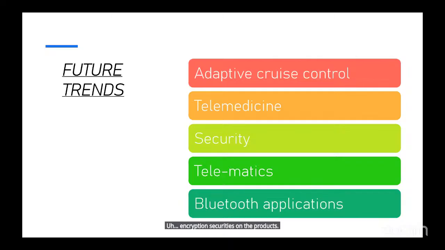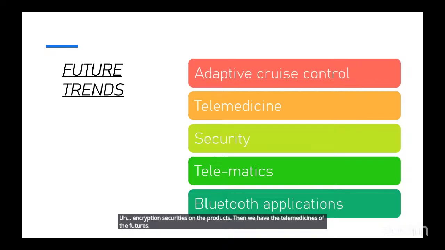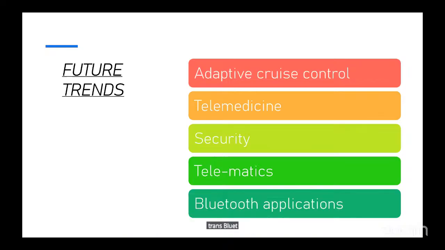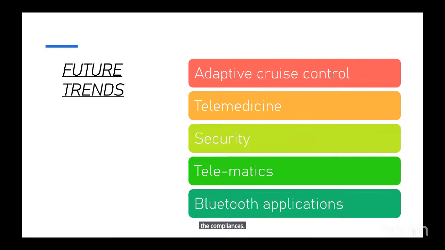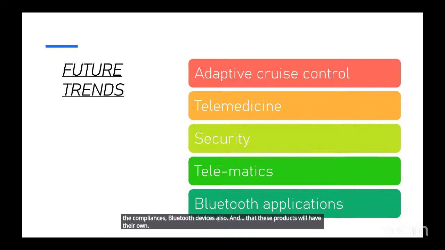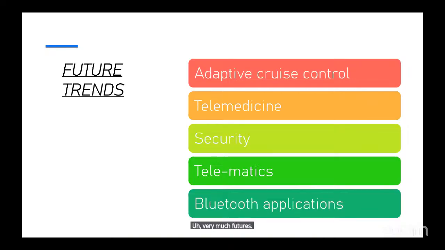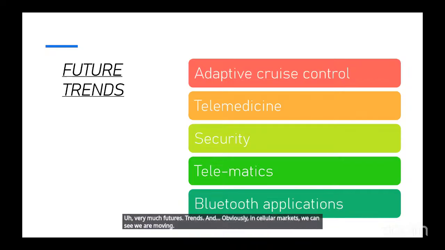Then we have telemedicine as a future trend. Bluetooth applications: nowadays most of the products are coming with Bluetooth compliances, Bluetooth devices also, and these products will have their own very much future trends. And obviously in the cellular markets, we can see we are moving forward.